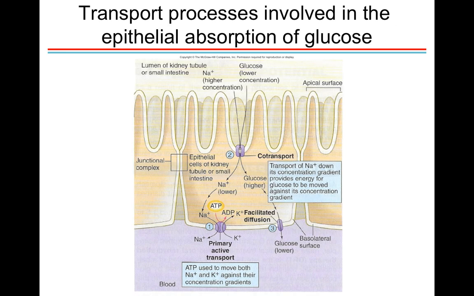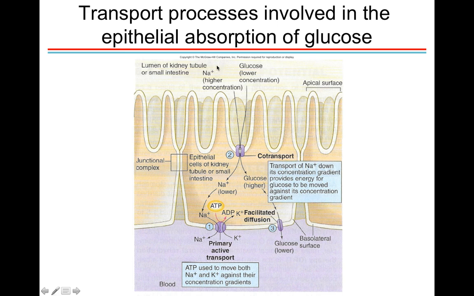So I love this next slide because it shows a big picture of how these different pieces of the puzzle that I've been talking about fit together in a cell in our body. So let me explain what we're looking at, because again, I'm excited about this figure. So here is an epithelial cell, and then below the epithelial cell we have a capillary with blood.